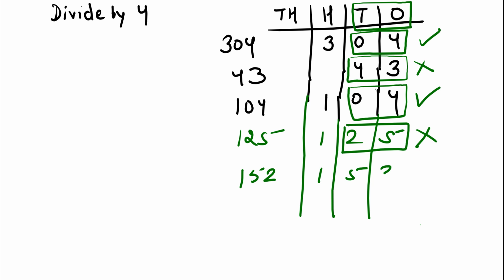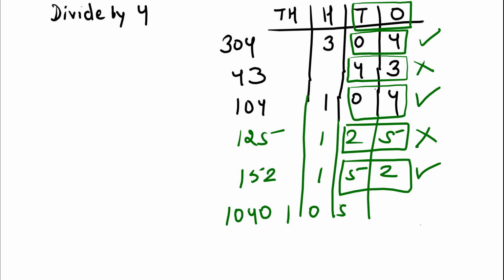For example, 125, 1, 2, 5. 25 is not in the table of 4, so it would not be divisible by 4. And then 52, it is divisible by 4 because 52 is coming in the table of 4.